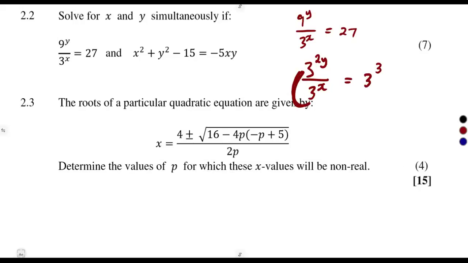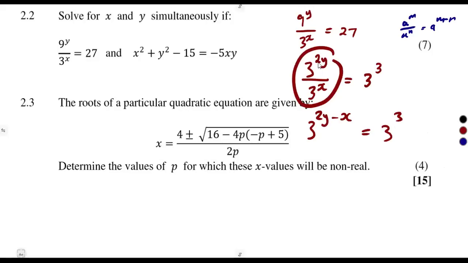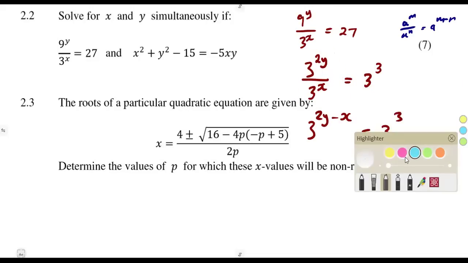Division, guys, of our same bases, meaning a to the exponent of m over a to the exponent of n, we simply have to subtract. So we're going to subtract the exponents. So it's 3 to the exponent of 2y minus x, which is equal to 3 to the exponent of 3. We subtracted the exponents because we are dividing the same base.